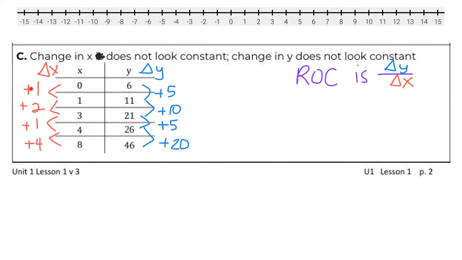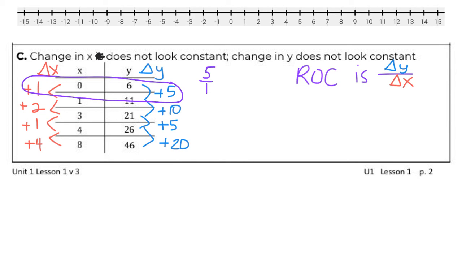This may catch your eye because you do see some pairs that match up in here. But even if it doesn't make you think, oh, maybe this is linear, you should always calculate the rate of change. And you're going to do that for each one of these pairs. So you're going to be taking 5 over 1 for this first one.